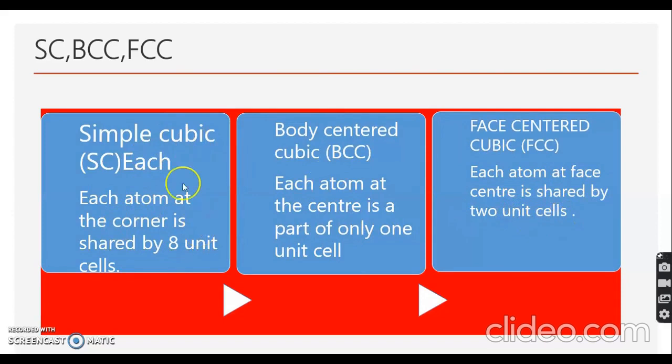So here we have only corner atoms, each corner atom shared by 8 unit cells. Here you will have corner atoms plus one atom at the center. So the corner is shared by 1/8 and the center one belongs to only one unit cell. Here you will have corner shared by 1/8, plus the six face centers, each shared by 2 unit cells.